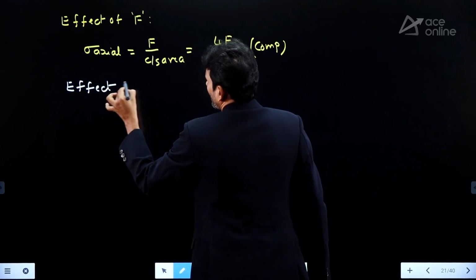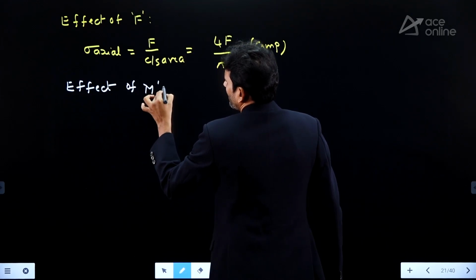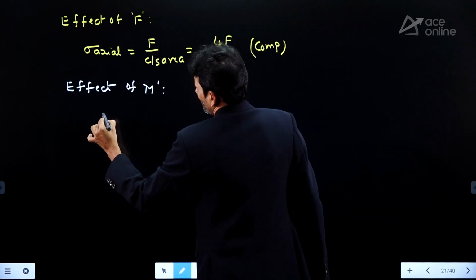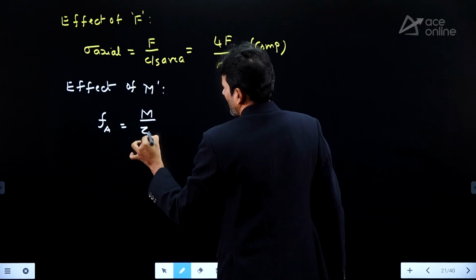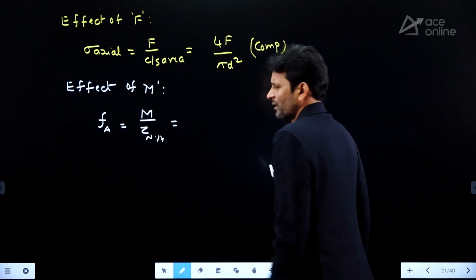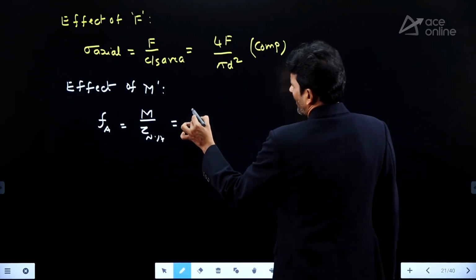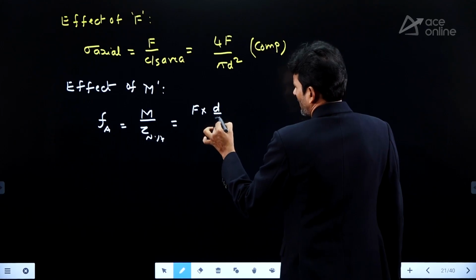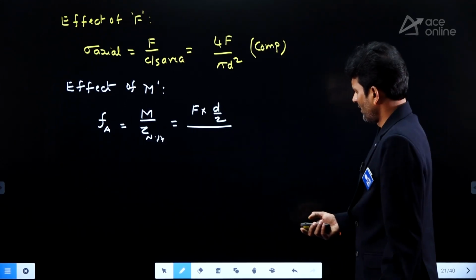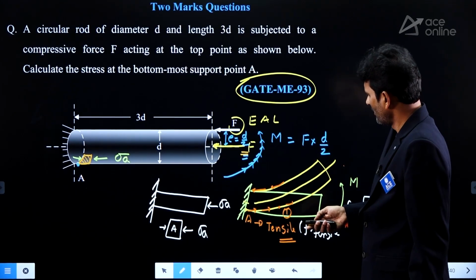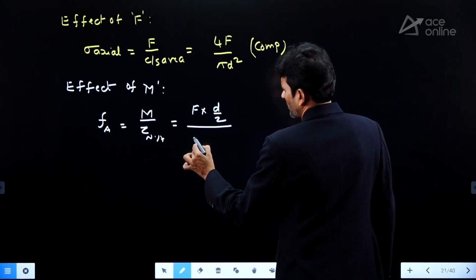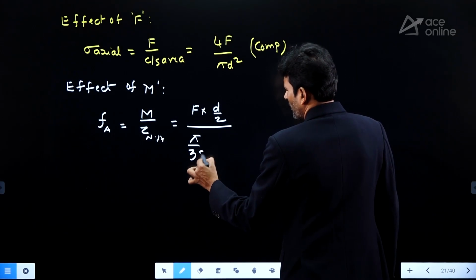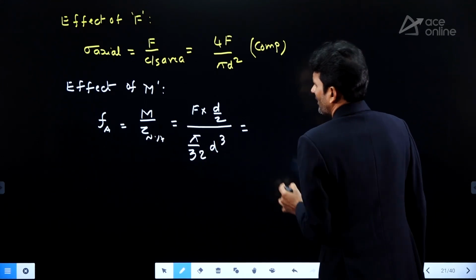Then take the effect of M. When I am taking the effect of M, try to find out the bending stress at A: M divided by ZNA at the bottommost fiber. What is the M value we are having? F into D divided by 2. ZNA, being a circular cross section, is pi by 32 d cube.